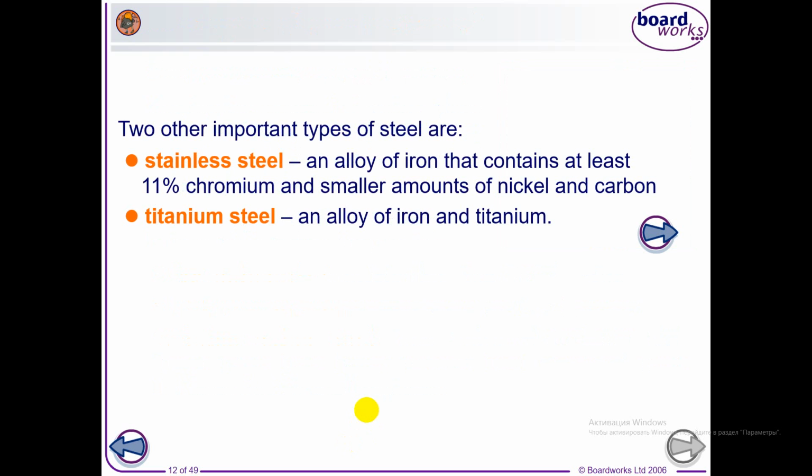Two other important types of steel are stainless steel, an alloy of iron that contains at least 11% chromium and a smaller amount of nickel and carbon, and titanium steel, an alloy of iron and titanium.